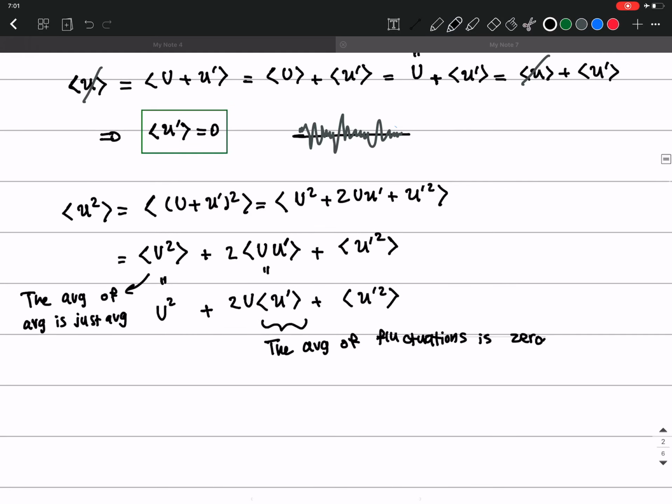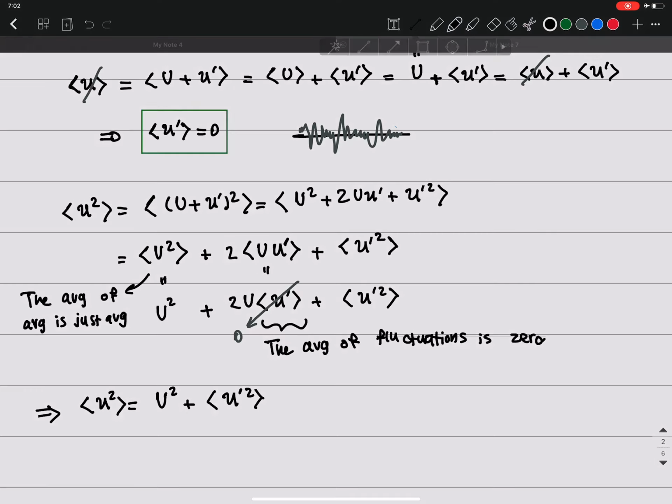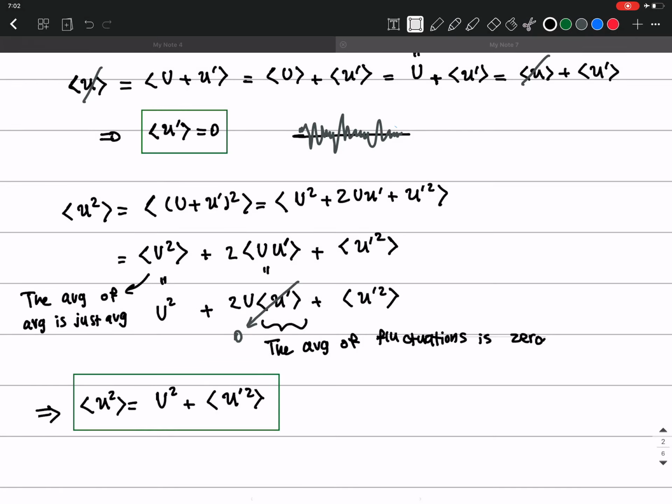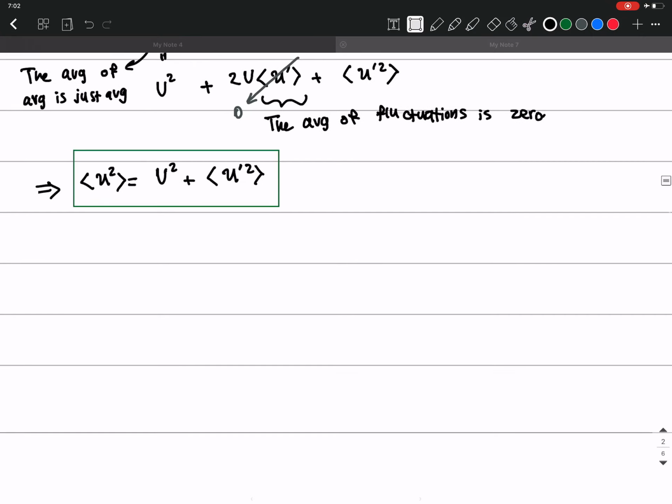So this term is just 0. And so we get that the average of u square is going to be capital U square plus the average of u prime square. Okay. So this is another relation that we can find by this definition.